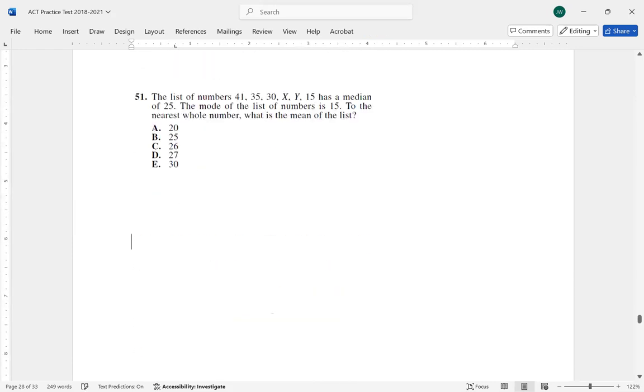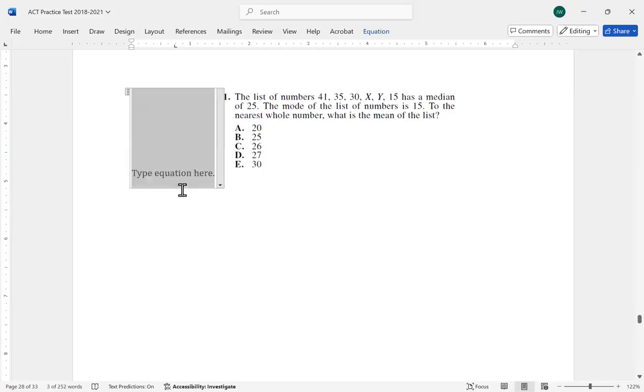Question 51. The list of numbers has a median of 25. The mode of the list of numbers is 15. To the nearest whole number, what is the mean of this list?